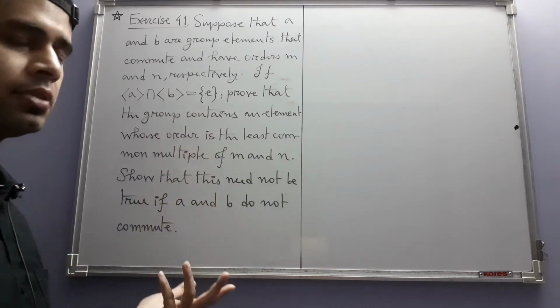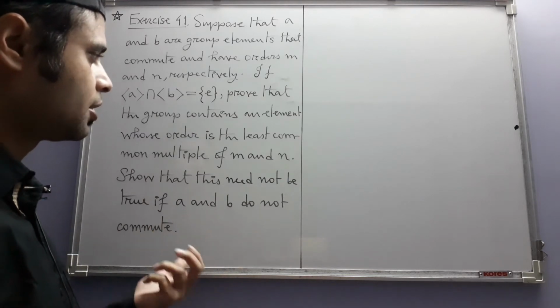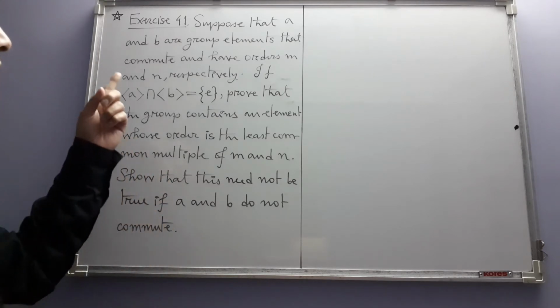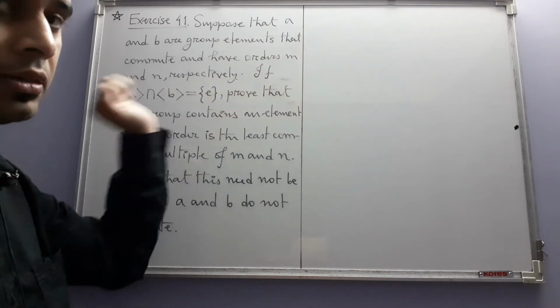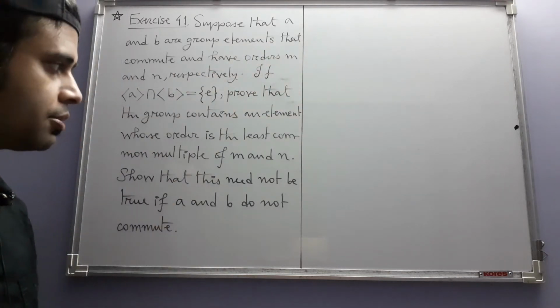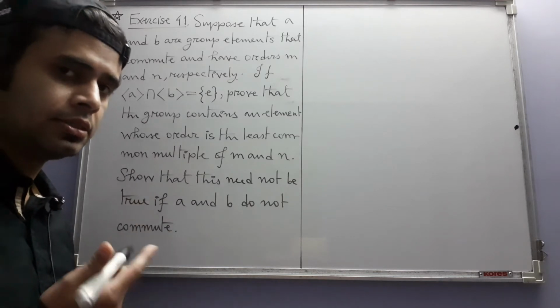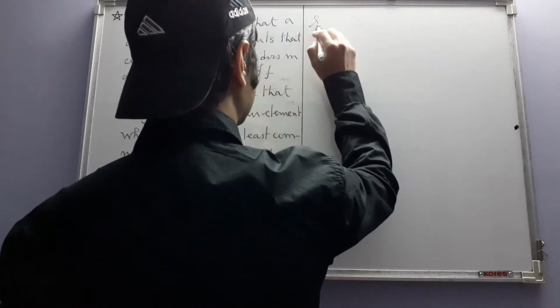We have to prove that the group has an element whose order is the least common multiple of the orders of A and B, which we are denoting by m and n respectively. So in the solution we will show that the product of A and B, AB, is one such element. So let us see the solution.